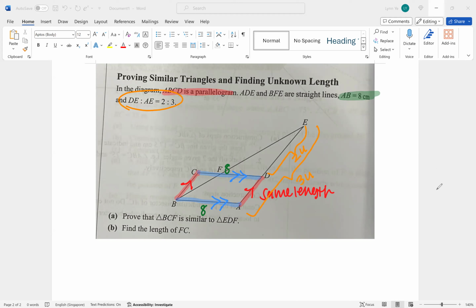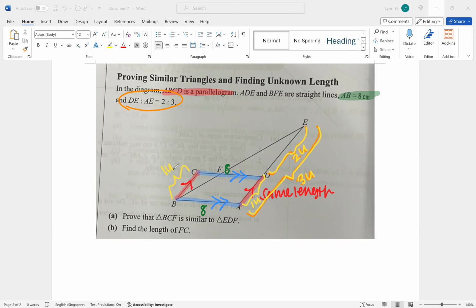I know who? AD, yes. What about AD? Yes, it's 1 unit. If AD is 1 unit, that means that I know CB, yeah, is also 1 unit.